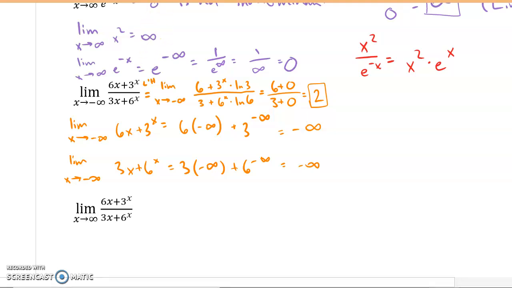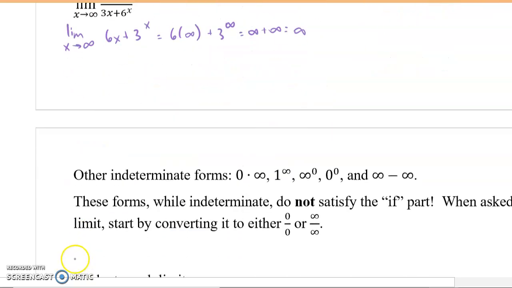All right, trying this same fraction with positive infinity, we'll take the limit as x approaches infinity of the numerator, which is 6 times infinity plus 3 to the infinity. That's infinity plus infinity, which is definitely infinity. And we're going to see the same thing on the bottom, right?